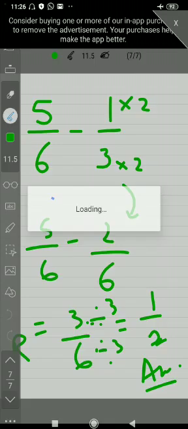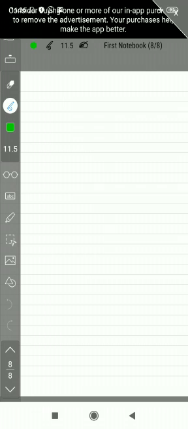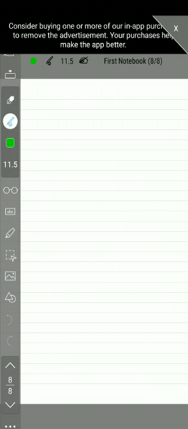Let me explain one more example here. Now if you have 2/5, let's write it as 2/5 minus 3/15.